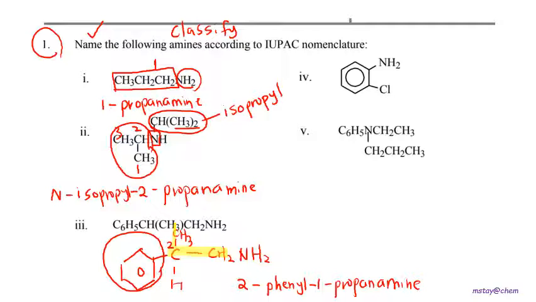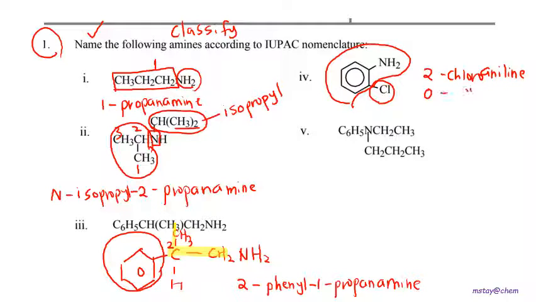Okay, the fourth compound here is this. The parent is aniline, so we write the parent name aniline. Cl is attached to the second carbon, so it's 2-chloroaniline. If you don't want to use the number, we can also use o, which is ortho, to represent the positions 1 and 2.